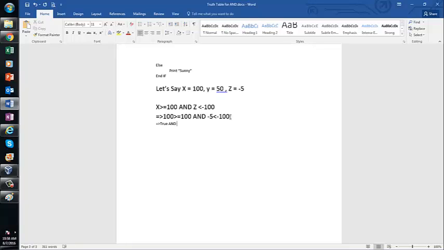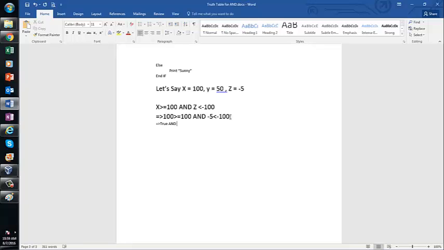Let's say you owe $5 to someone, and you owe $100 to another person. Which one is more negative? Minus 100. Minus 5 is not that much negative.